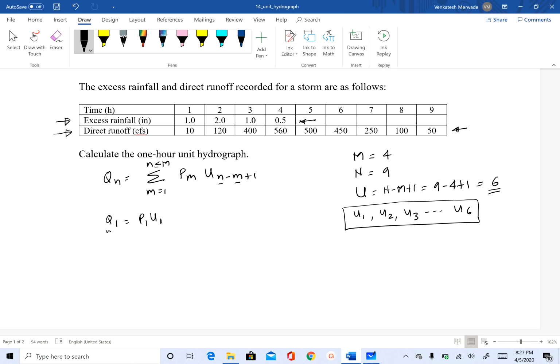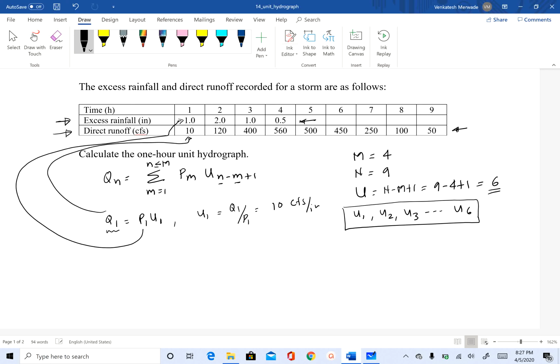Now we know what Q1 is, and we know what P1 is. So U1 is equal to Q1 divided by P1. Q1 is 10, P1 is 1, so you get 10 CFS per inch.